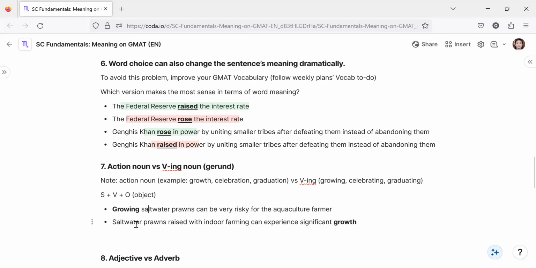But in the second sentence, saltwater prawns raised with indoor farming can experience significant growth. So here, growth is not just the action of growing.